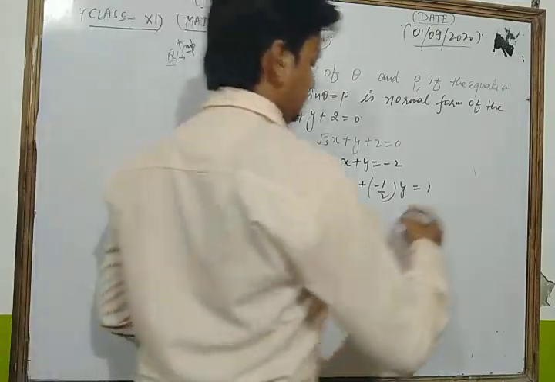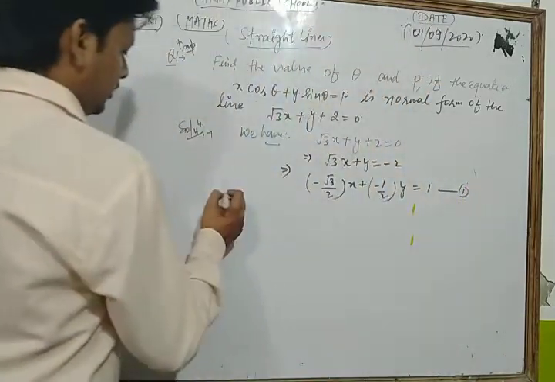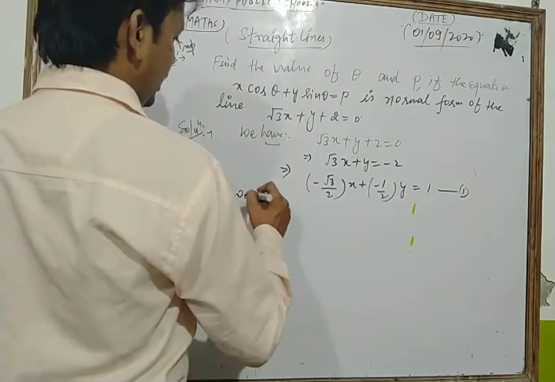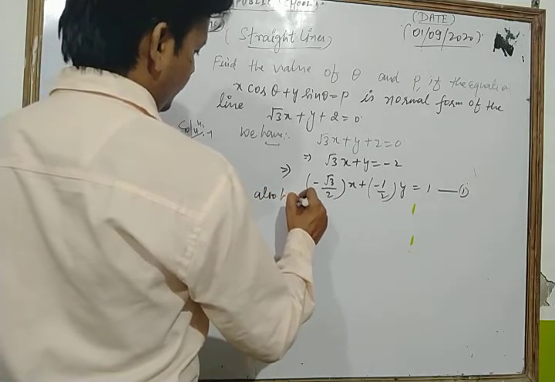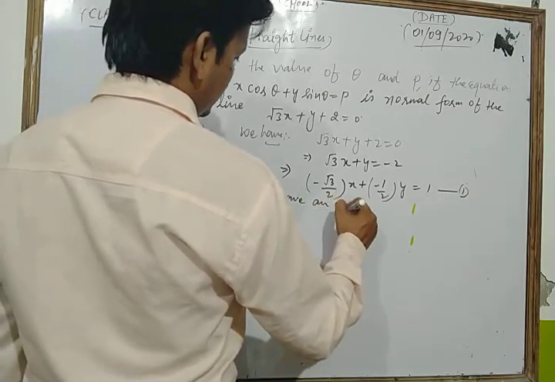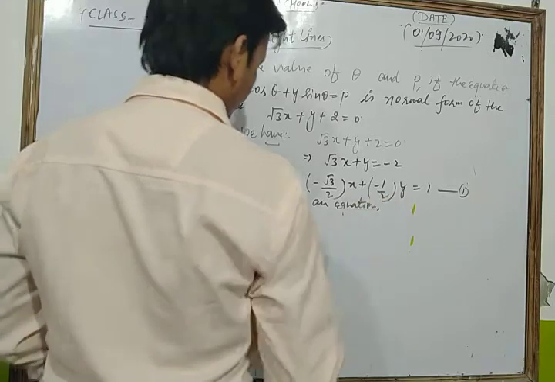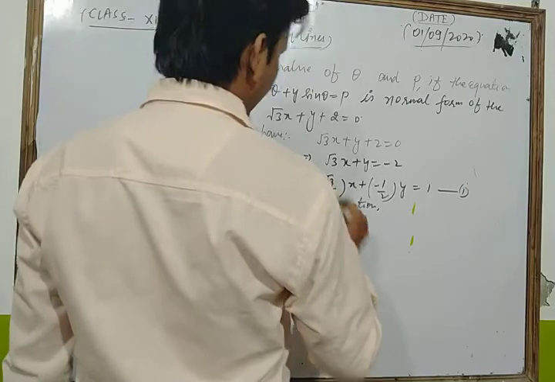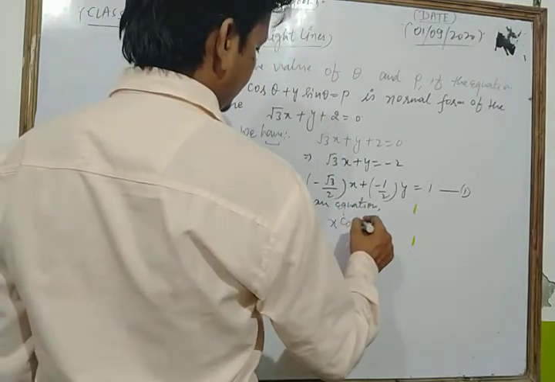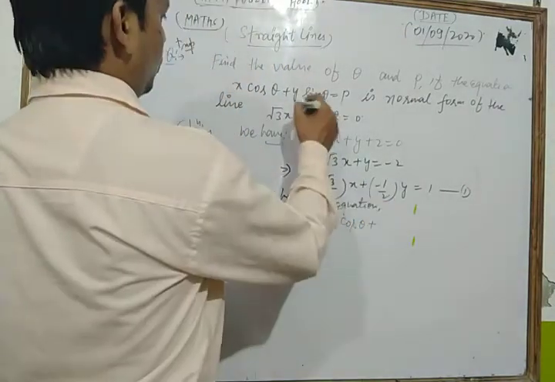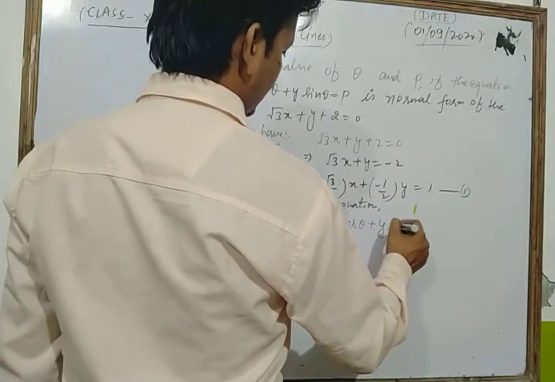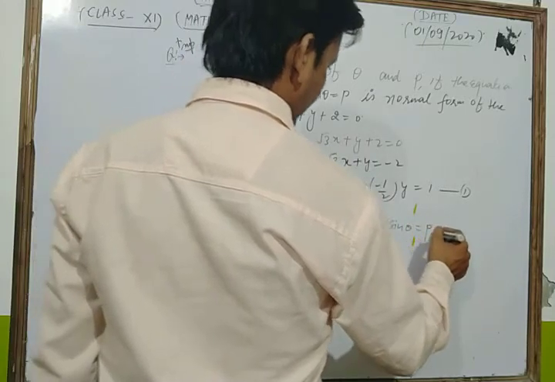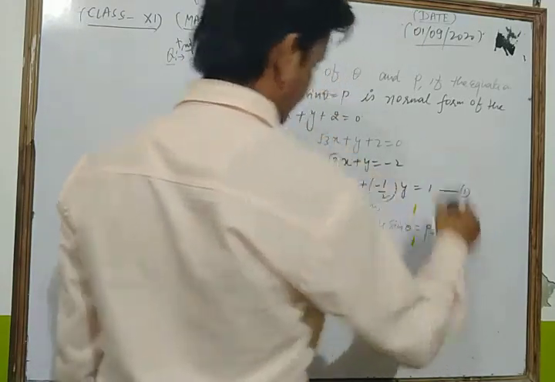We take this as equation 1, and we also have an equation x cos theta plus y sin theta is equal to p. We take this as equation number 2.